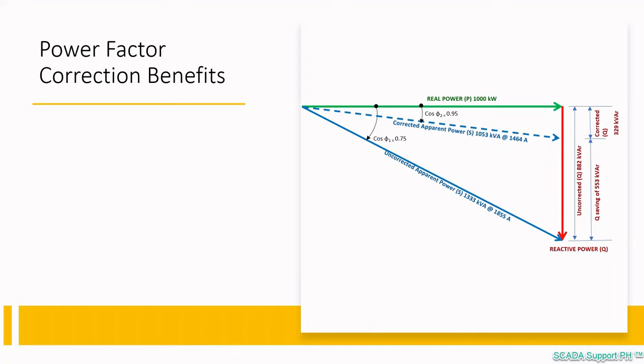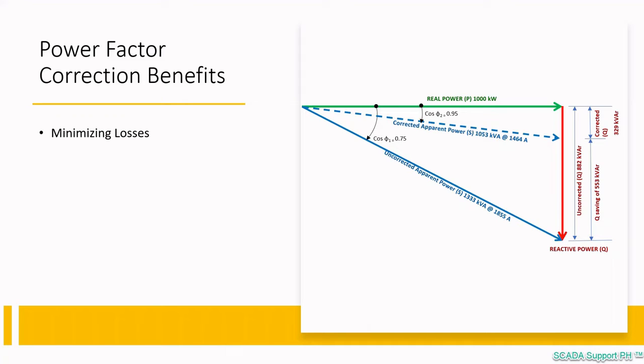Power factor correction is essential when a PV power plant is connected to the grid for several reasons. Power factor correction helps to minimize power losses that occur when transmitting power over long distances.